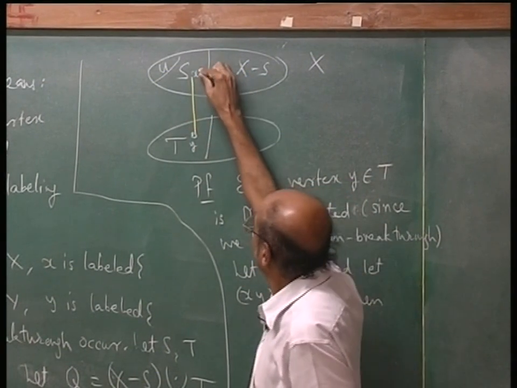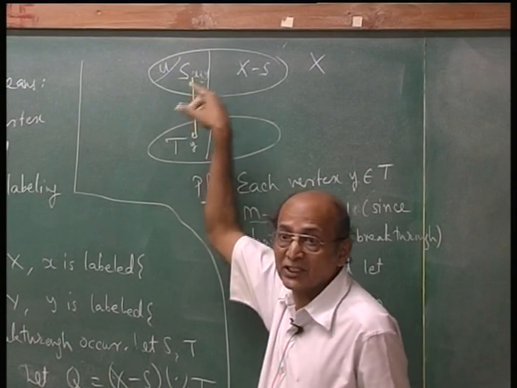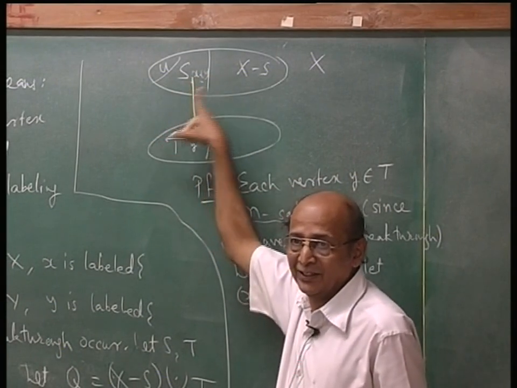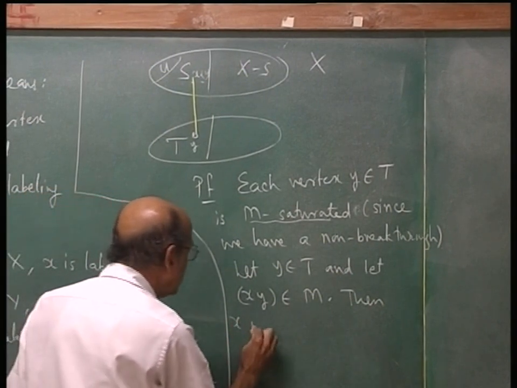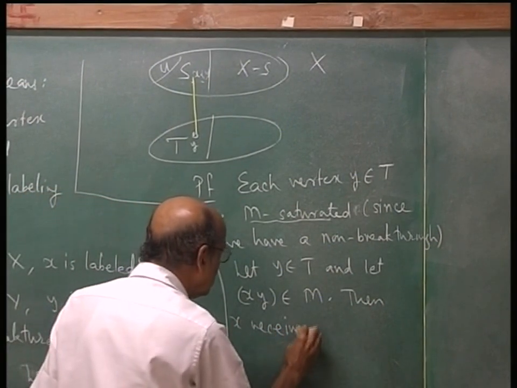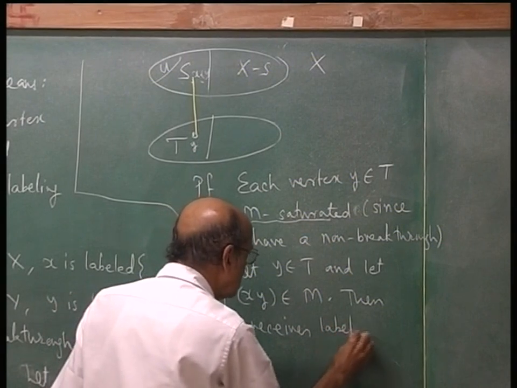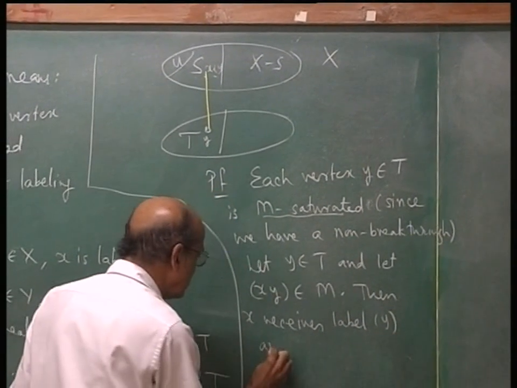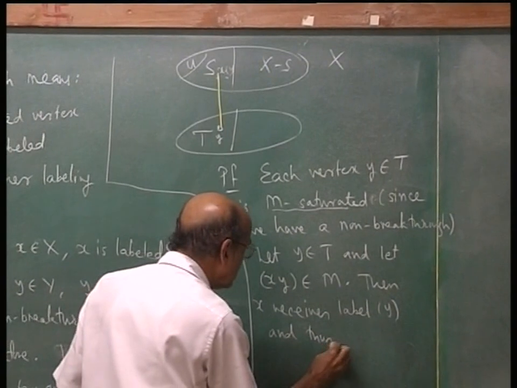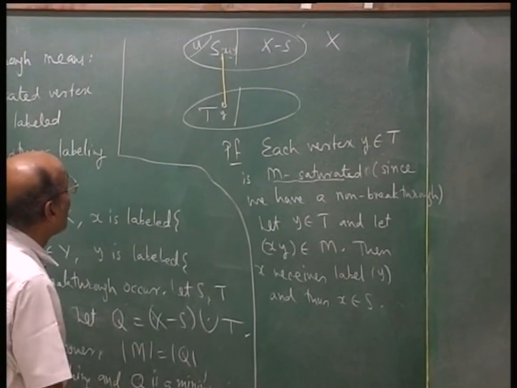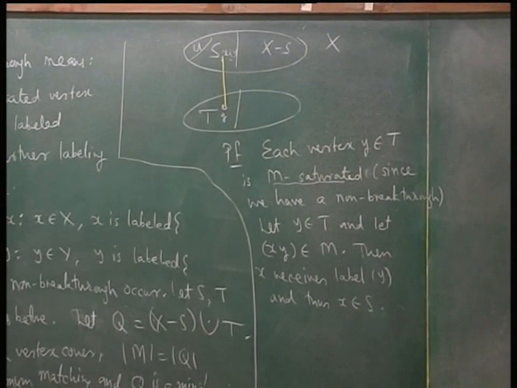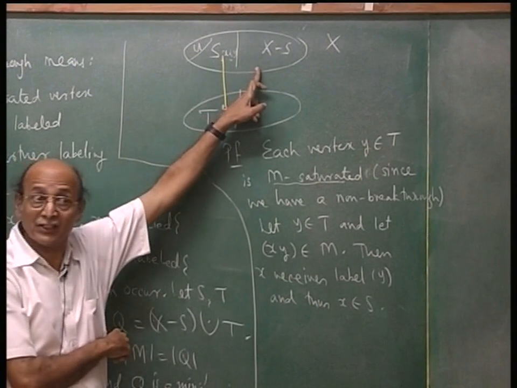Therefore X must have received the label Y. This X really cannot be in X minus S. That's clear.